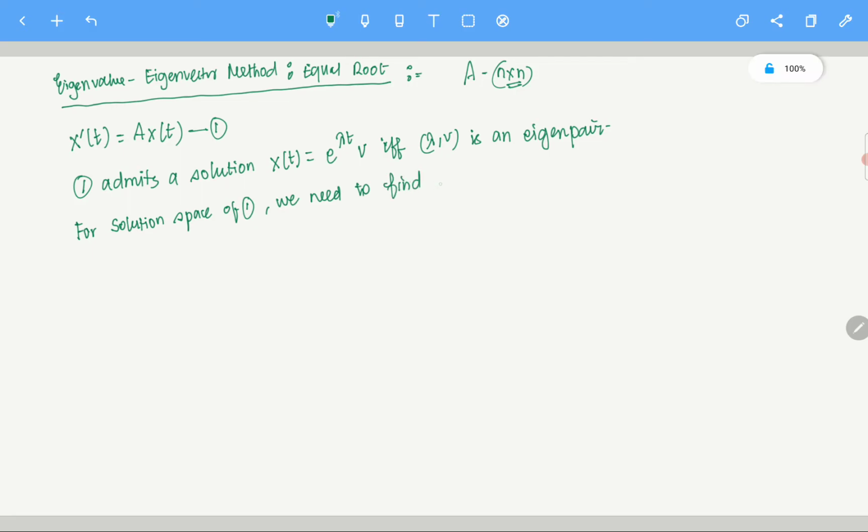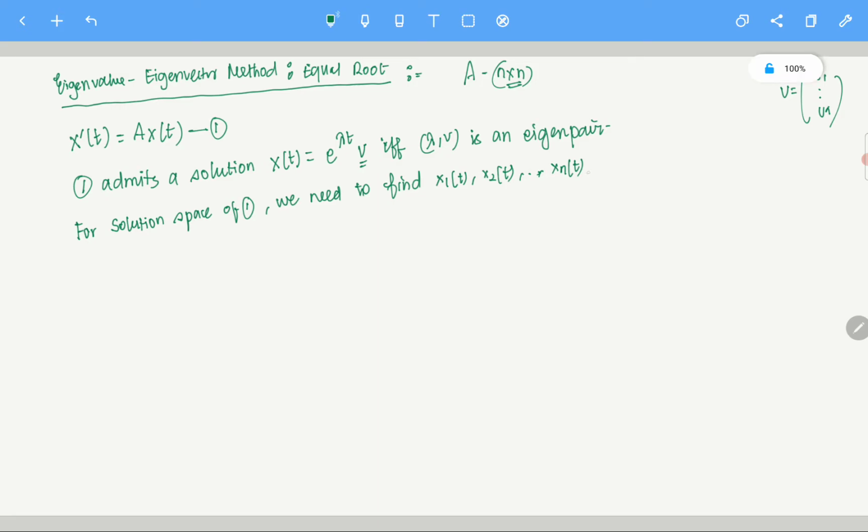So you need x1 of t, x2 of t, and xn of t. See, this is v here, that is a column vector. So v will look like this, v1 to vn, clear.